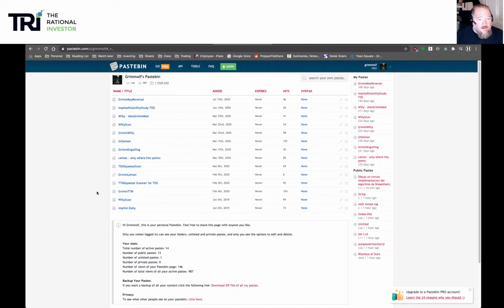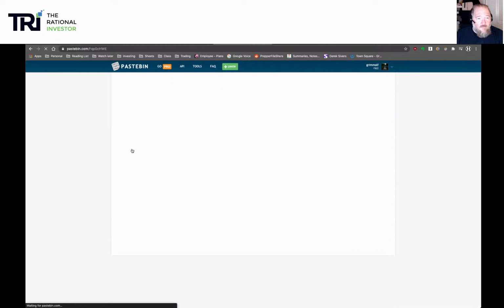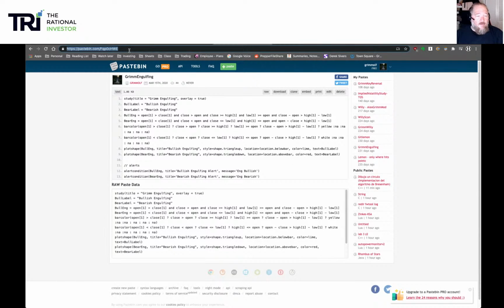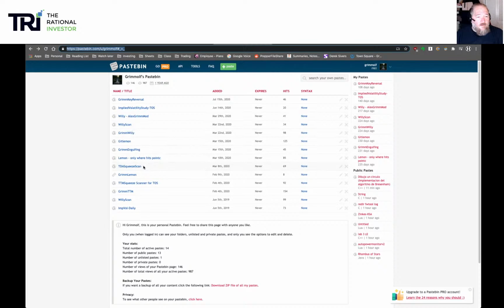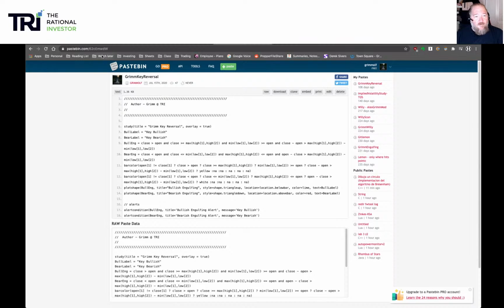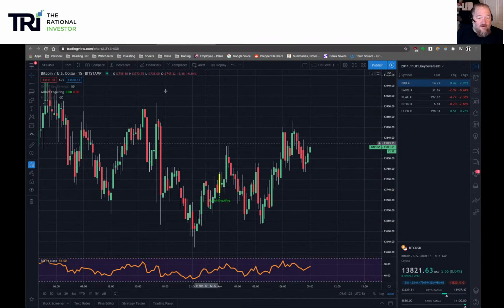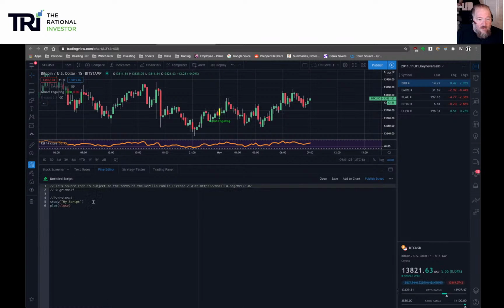Weird. Okay, let's look for my engulfing. Here's my engulfing script. And come back here. Here's my key reversal script. And you can add those if you come into your TradingView and come down to the Pine editor.